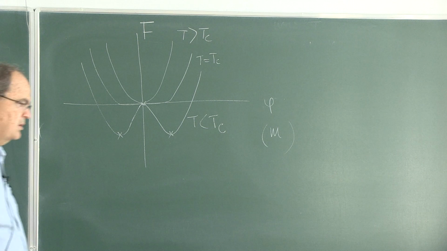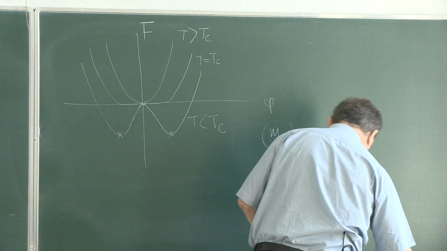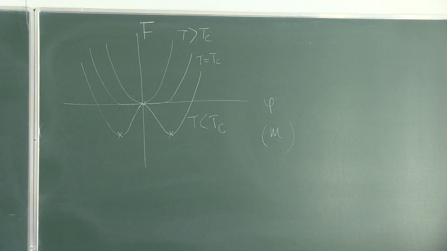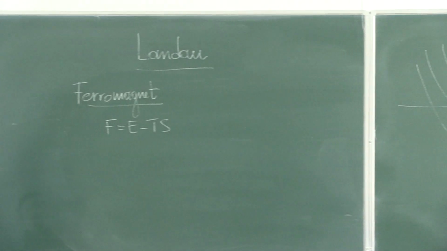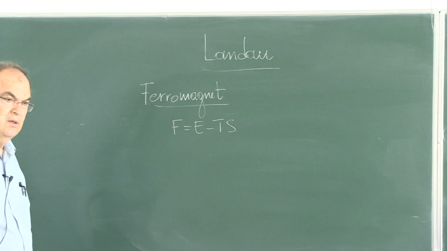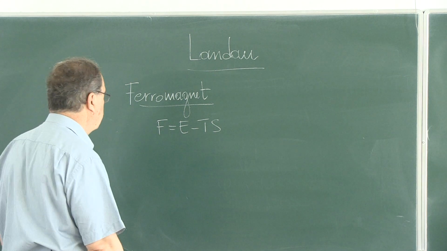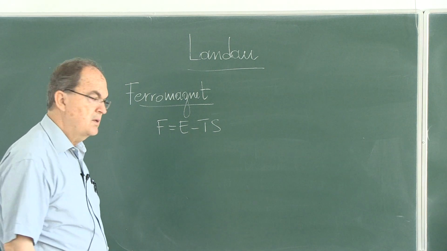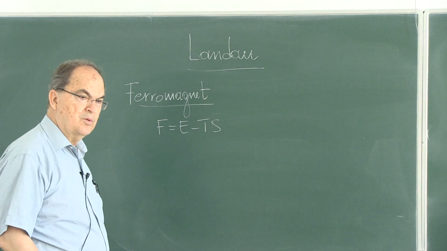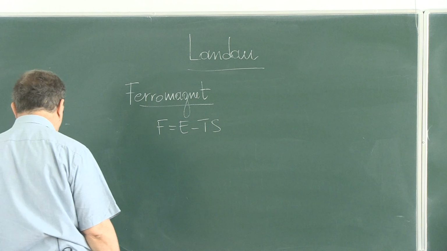Again, write everything within a mean field approach. If we know what energy and entropy are, we can write explicitly the free energy in terms of the order parameter, which is magnetization in this case, which goes to 0 if you cross the critical temperature.